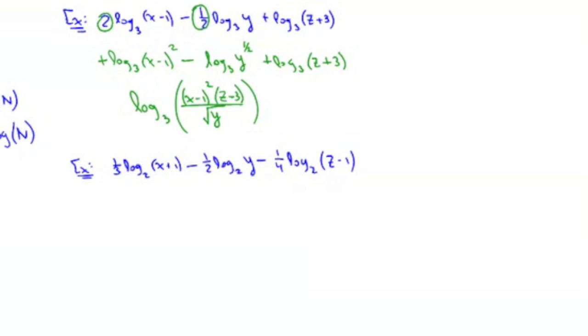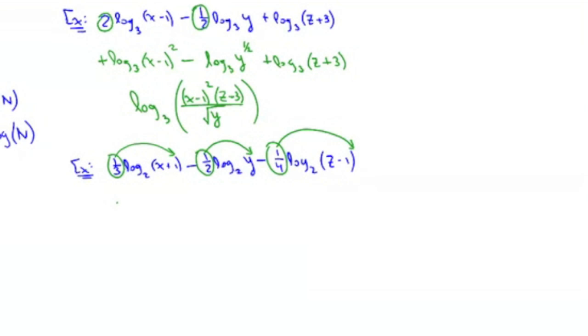Now, depending on if you want to shortcut this or not, if you don't want to write the next line down with the powers up, what you can do is just put the powers up mentally. These powers go back into those positions. So it really is log base 2 of x plus 1 raised to the 1/3 power. Do you want me to write it? I can.